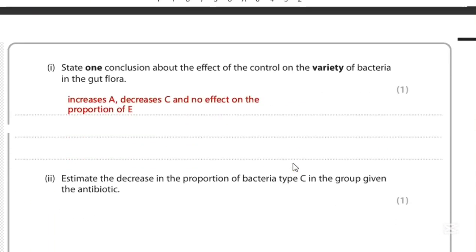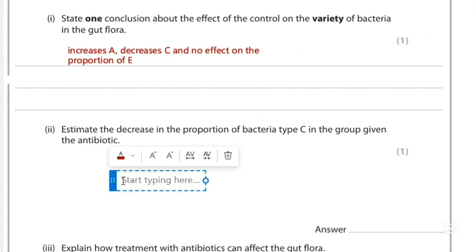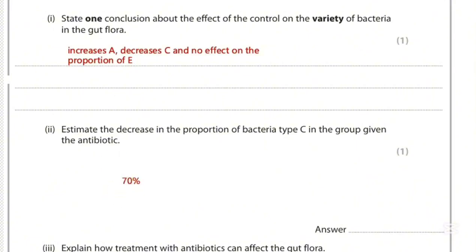So we can estimate it by 70% or 80%. That would be enough. Like we can give it 70% decreased. It's enough. So now let's move on to the next question.